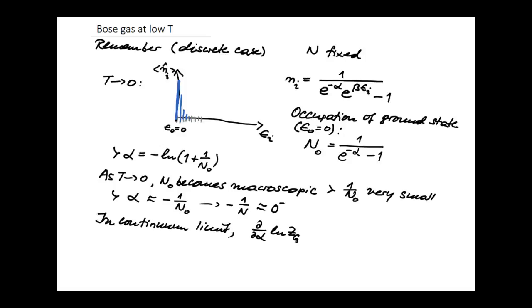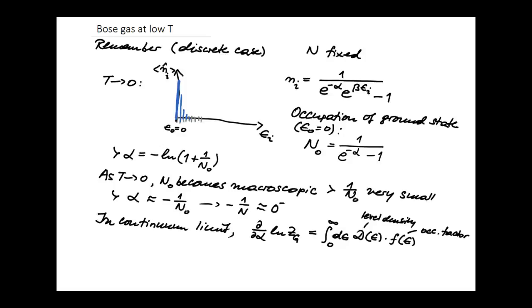Under normal circumstances, this is by definition, or by our general framework, equal to the total particle number. And we had discussed that the total particle number can also be obtained by integrating from 0 to infinity over all energies, level density times occupation factor.